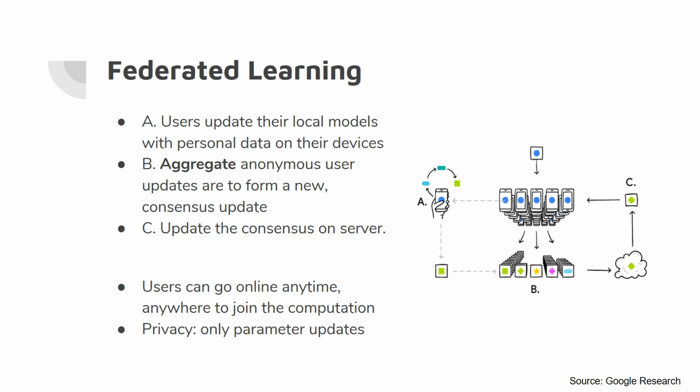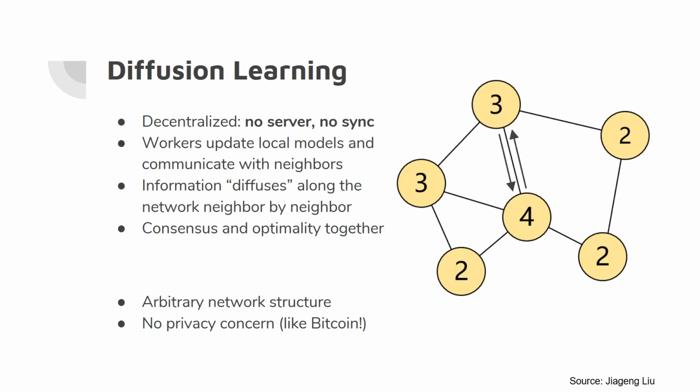Then after a lot of users have updated their own models, the server collects all these updates and they reach a consensus update, and the server pushes this update onto the model. So in this case, users can go online anytime, anywhere to join the computation, and only the parameter update is involved, so there is no privacy issue like data transfer.